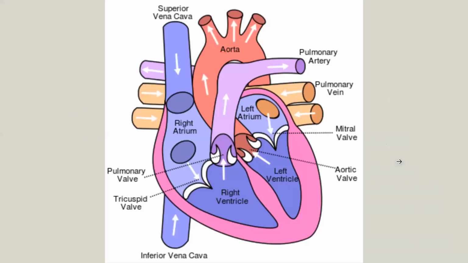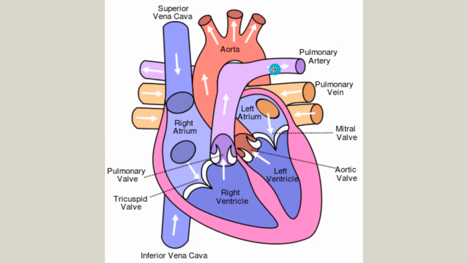So let me explain to you what's inside the heart. What's inside the heart, of course, are these four chambers. The right atrium and the right ventricle carry the deoxygenated blood from the other parts of the body to the lungs. The right atrium receives blood from the veins, and it will be pumped up by the right ventricle before going to the pulmonary artery.